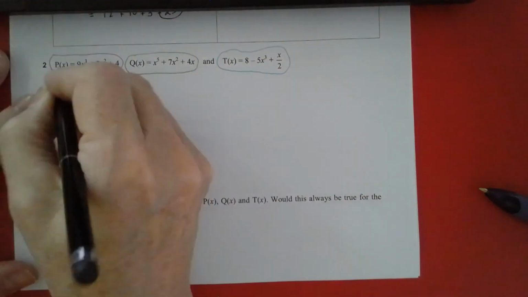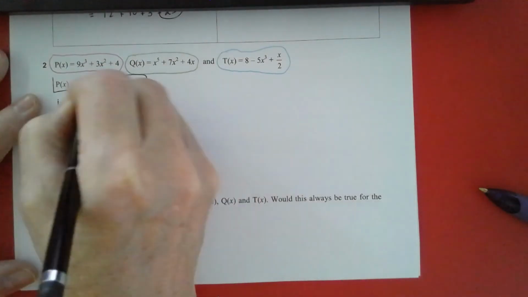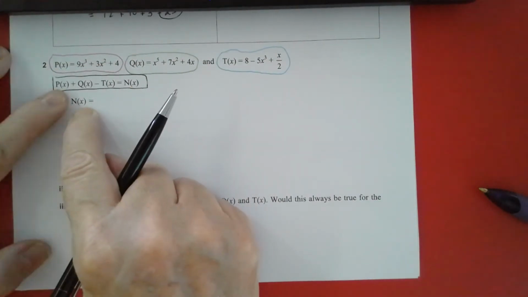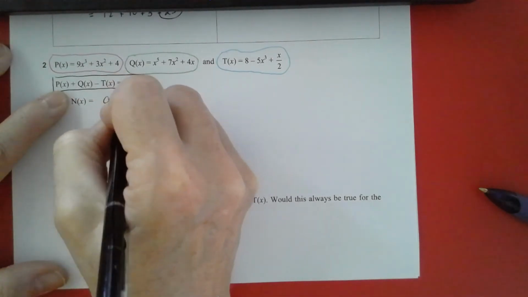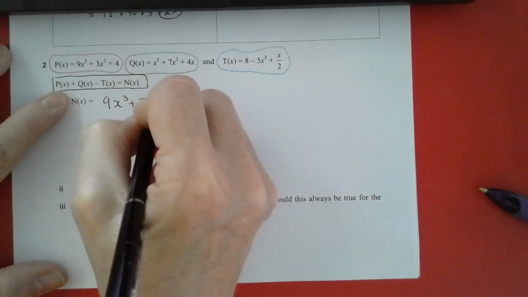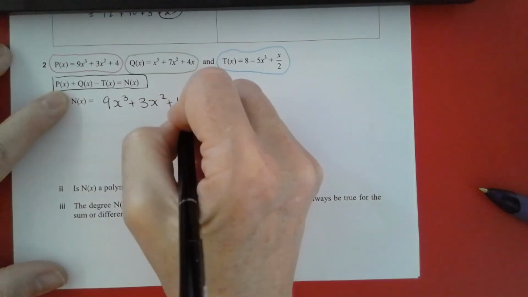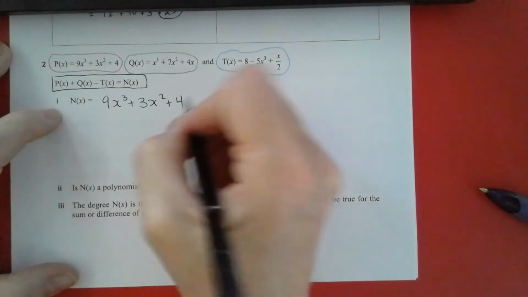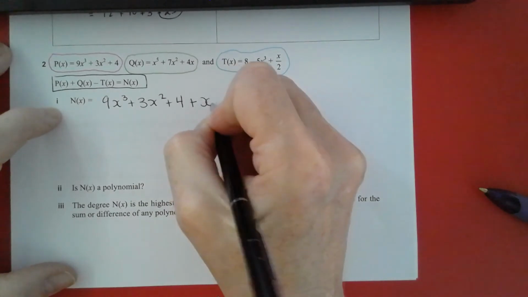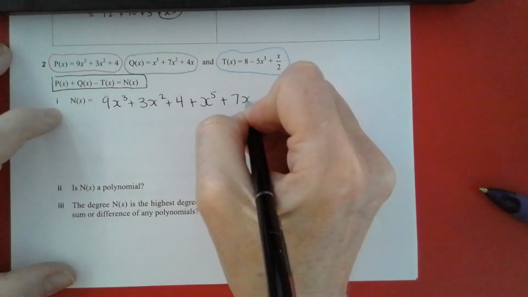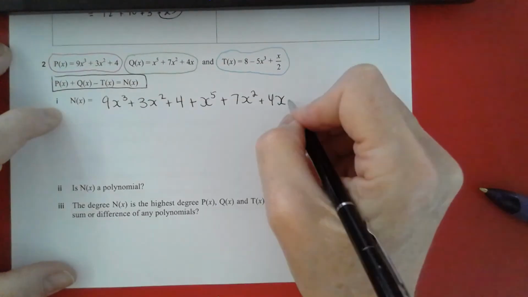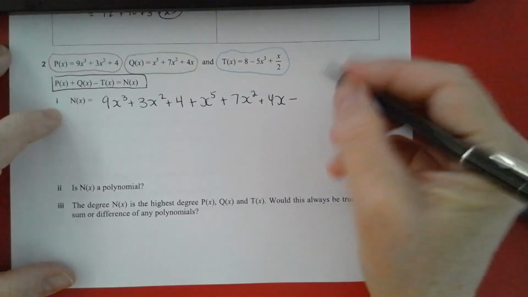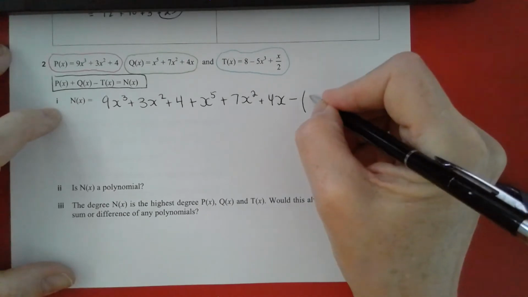So I have to follow this whole rule there to get my n. I'm going to write down the polynomial that's defined as p. Then add, because it says add, the one that's defined as q. Then take, because it says take there. As soon as I see take when I'm doing these problems, I have to put a bracket.